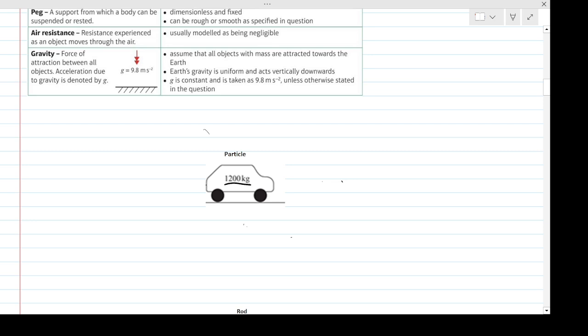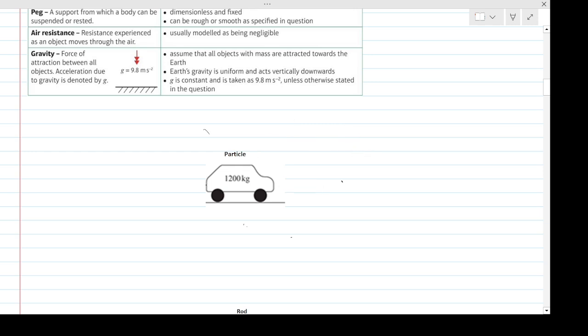So the mass is 1200 kilograms, right? That's a particle. So there's no air resistance. If the car is moving forward, there would be no air resistance or any sort of rotational forces or any sort of turning effect from a force, okay? And so that's the main one.